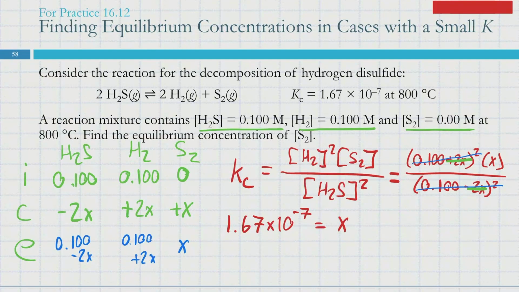And then we can check, is our x actually small? So we compare our x value against an initial concentration value of 0.100.